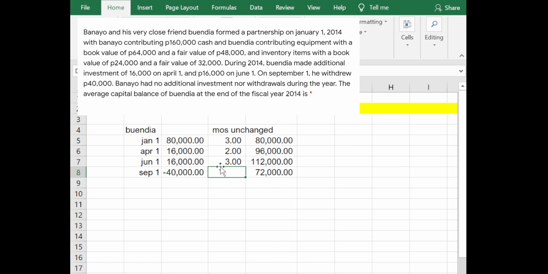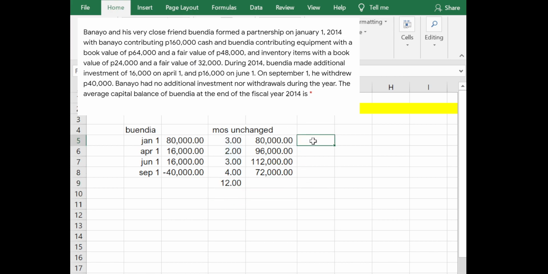And then from September up to December 31: September, October, November, December. Take note that the total of these months unchanged should be 12 months. So let's check if it is really 12. Okay, that is 12 months.